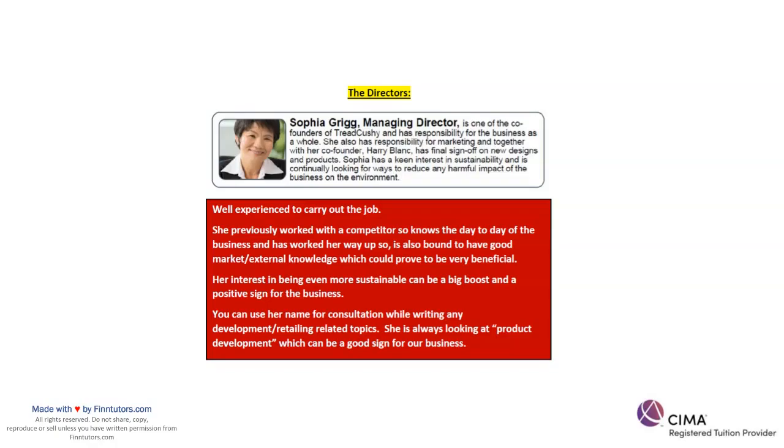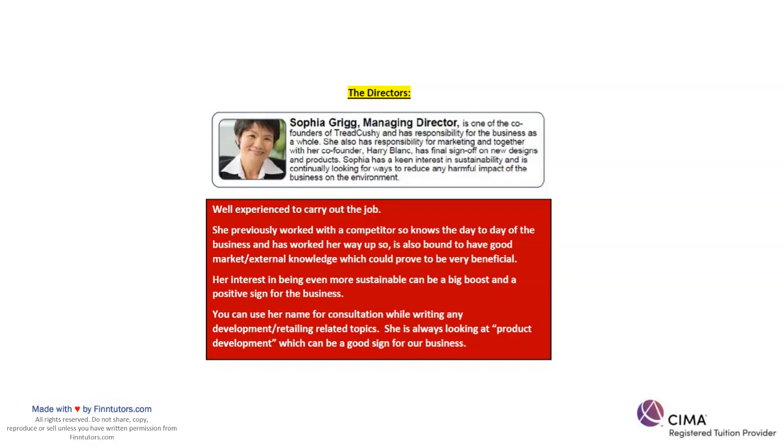For example, let's first discuss our managing director, Sophia Grigg. So Sophia is one of the co-founders of TreadCushy and has responsibility for the business as a whole. She oversees the entire business. She also has responsibility for marketing, and together with her co-founder Harry Blanc, has final sign off on new designs and products.